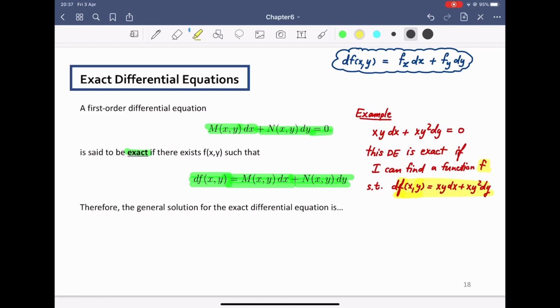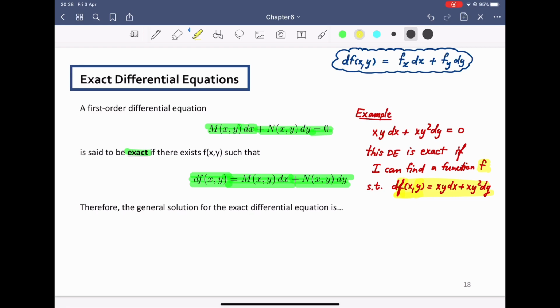In that case, we say that the differential equation is exact. Otherwise, we say that the differential equation is not exact. Now you may ask, how do I know that such a function f exists? Don't panic. Later in this chapter, we will have more tools to check the exactness of a differential equation.